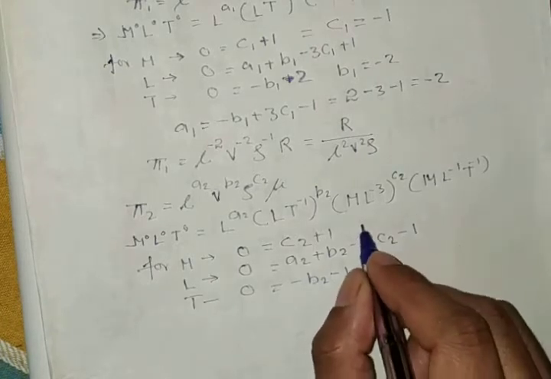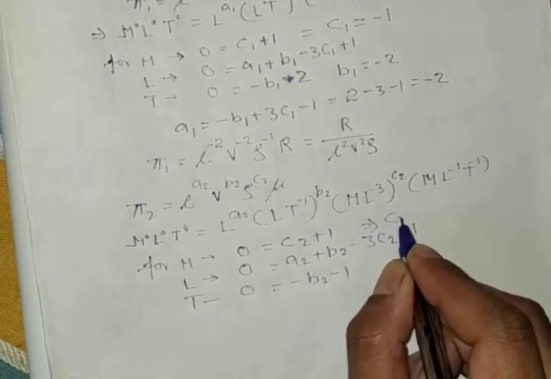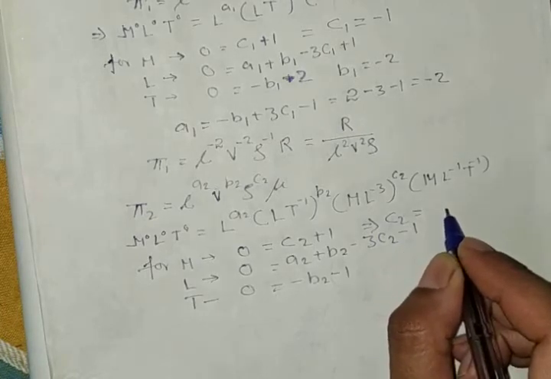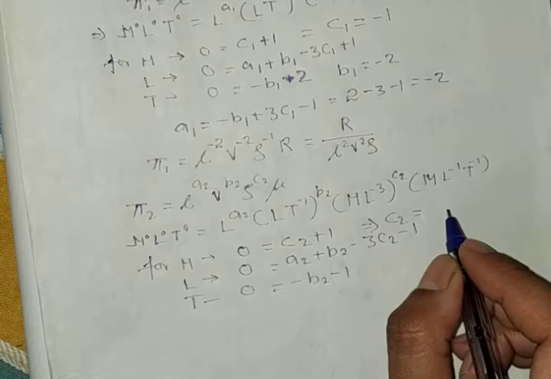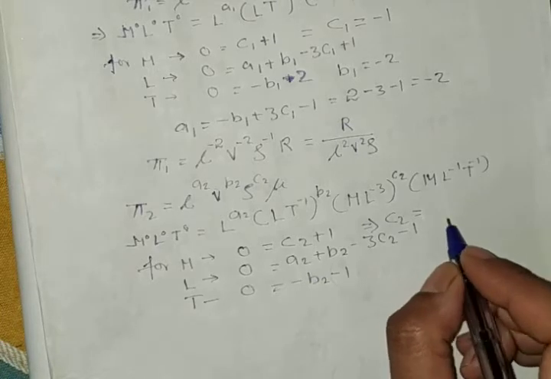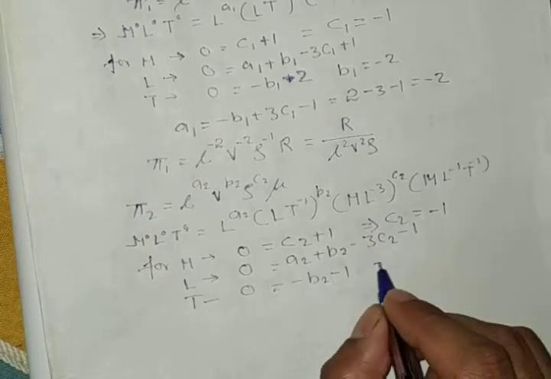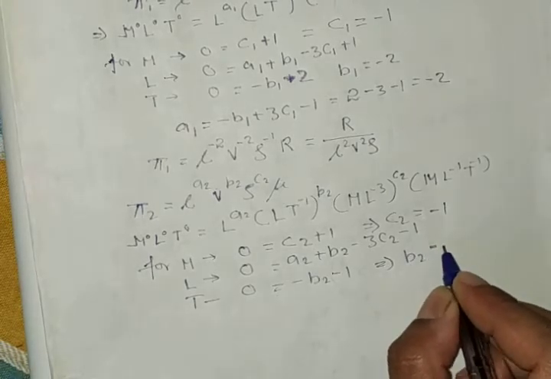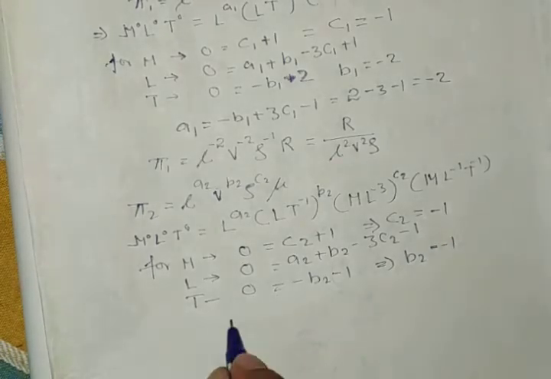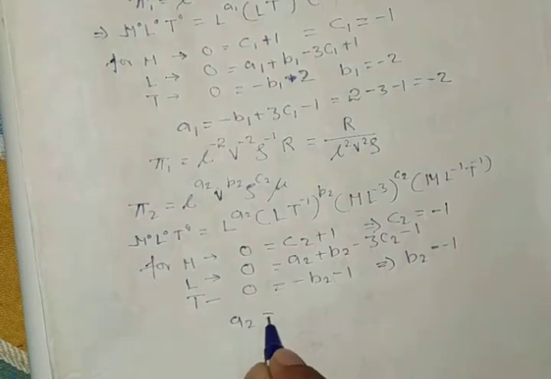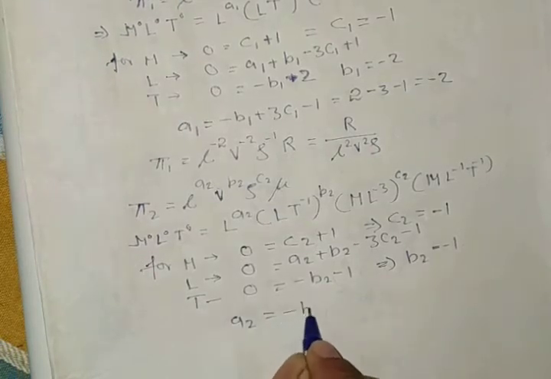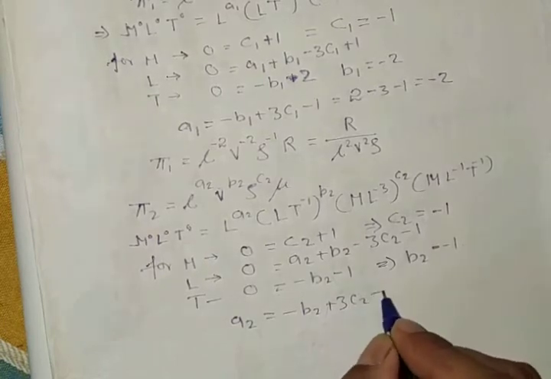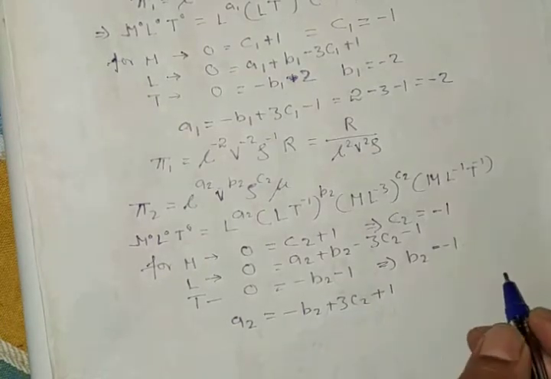So from this equation you are getting C2 is equal to minus 1, and B2 is equal to minus 1. So here A2 is equal to minus B2 plus 3C2 plus 1.